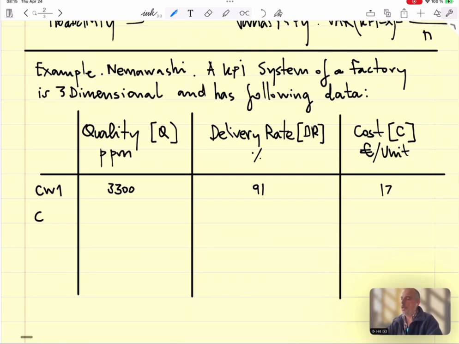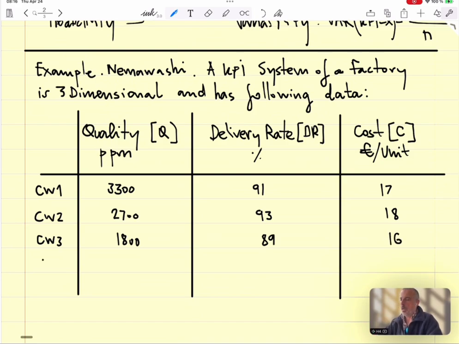Calendar week 2, we go down on the quality. So we still get better in the quality. Here we get worse on the delivery rate, we get better in the cost.